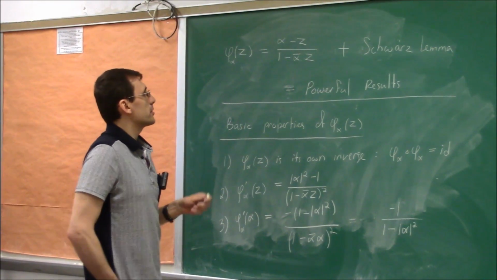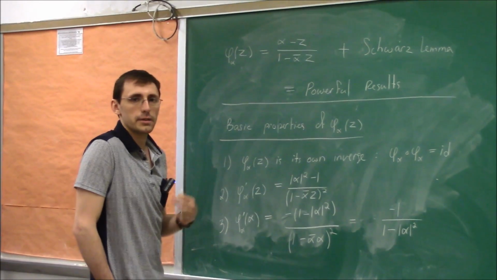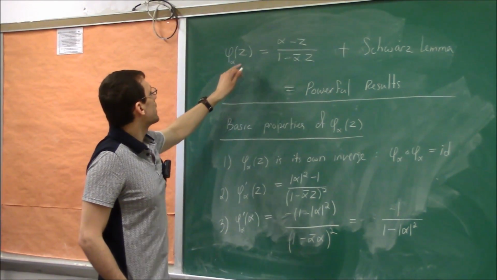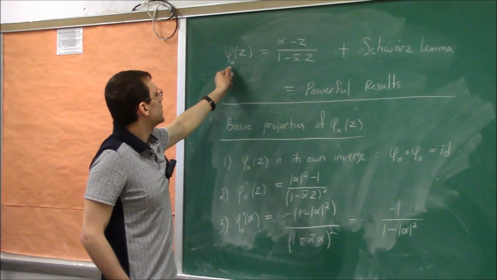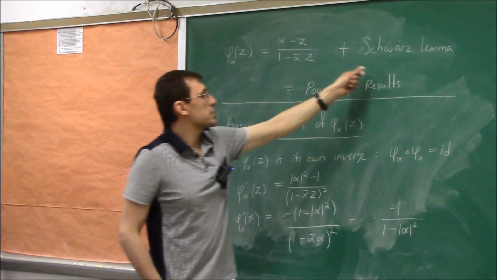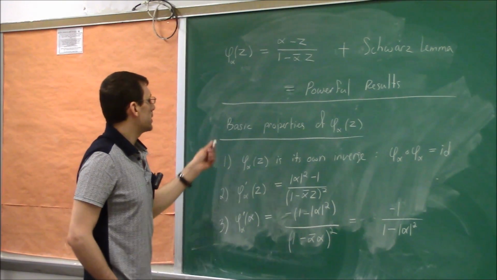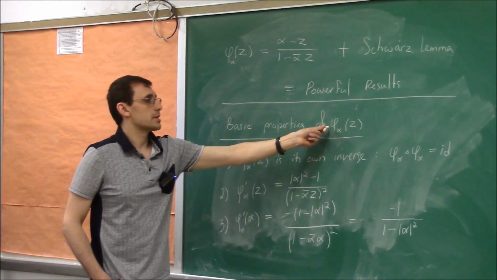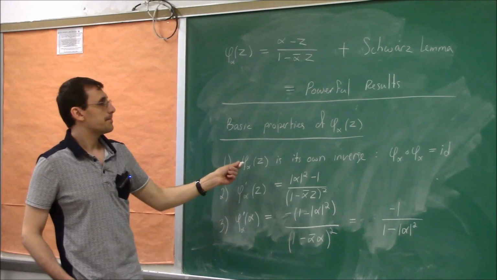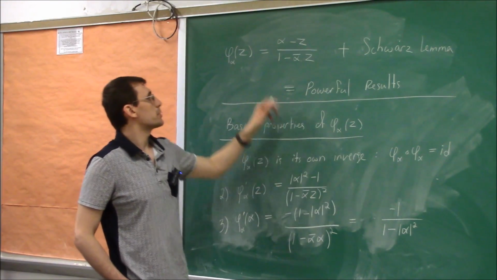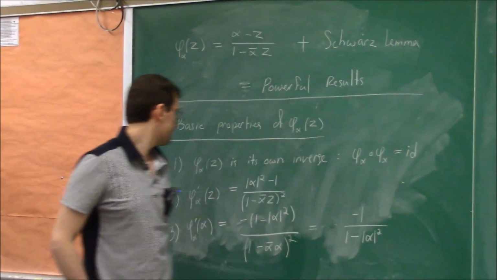So now that we have shown Schwarz Lemma, I'm going to try to illustrate several examples, and there are plenty of others, where the function that we just defined, this Mobius map phi, and the Schwarz Lemma together give lots of powerful results. So before that, let's just look at the properties of this function phi. First of all, phi sub alpha is its own inverse. In other words, if I take this function and feed it to itself, I get the identity.